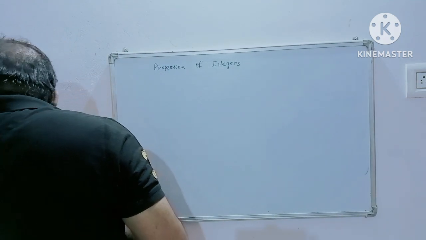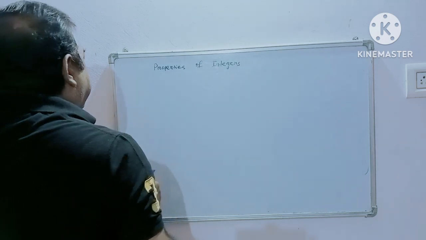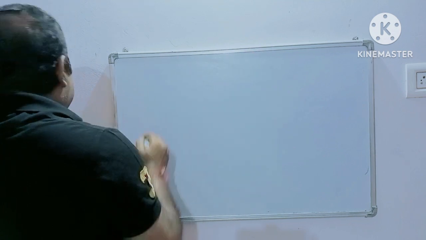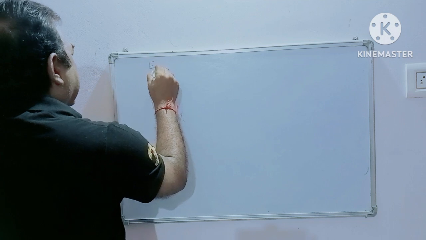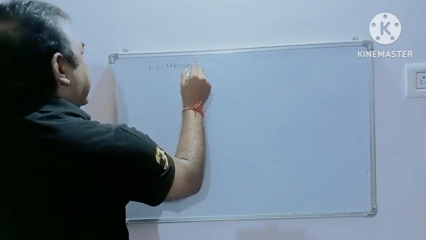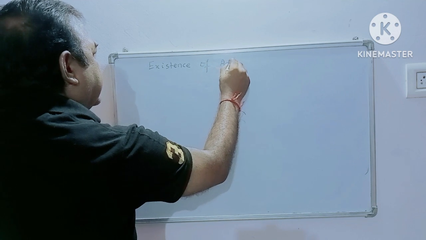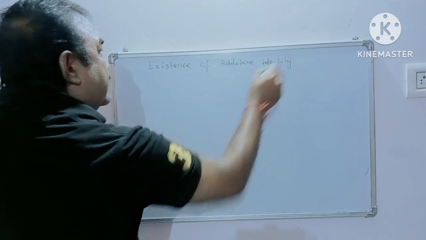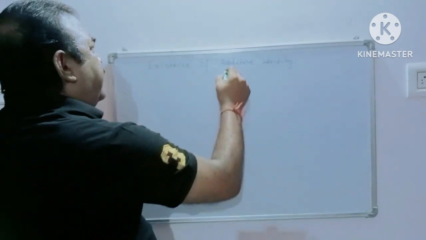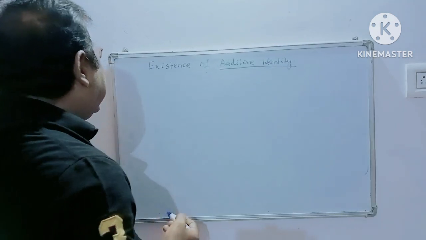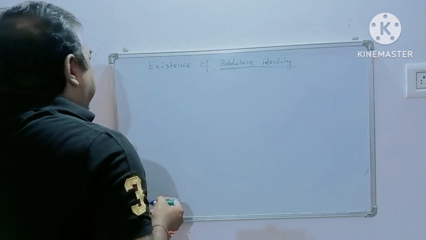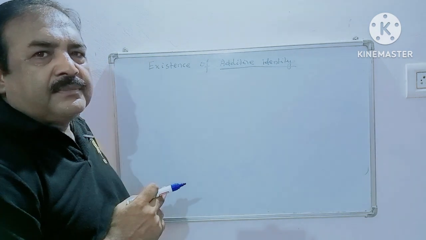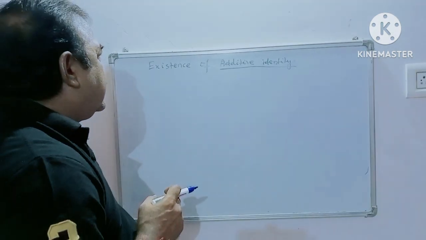And you see existence of additive identity. So what is additive identity? You see, for any integer, you take any integer and you add 0. 0 is a number, you add it, there will be no change in the number.